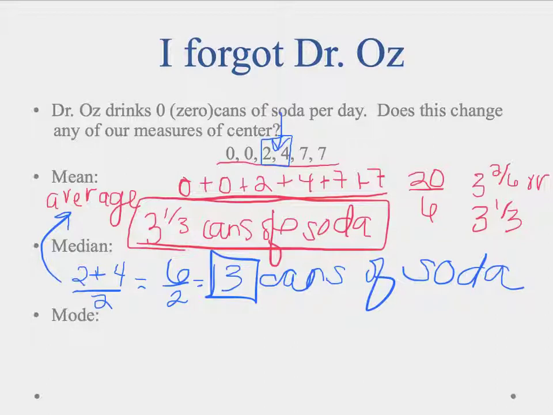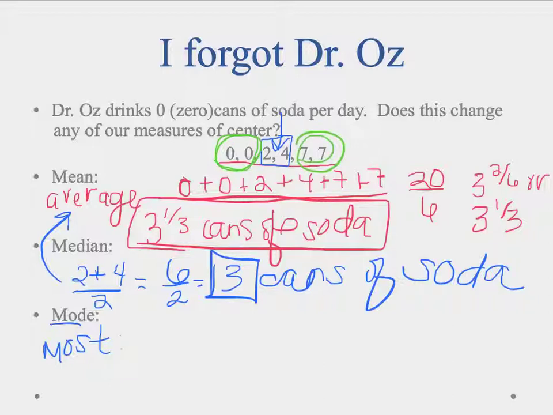And our mode, remember, is the most frequent. You can see MO in there for most frequent. Well, our most frequent number, again, we are left with kind of a different thing that happened here. We have 2 times people said 0 cans of soda. 2 times people said 7 cans of soda.